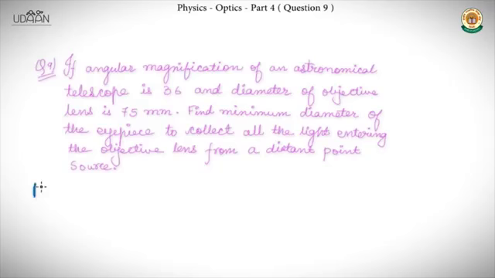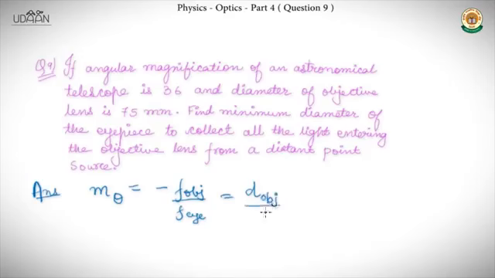So basically this question involved a straightforward formula from the astronomical telescope optical instrument. In an astronomical telescope, the angular magnification m theta is given by negative of the focal length of the objective by the focal length of the eyepiece, which can be extended to the diameter of the objective by the diameter of the eyepiece.